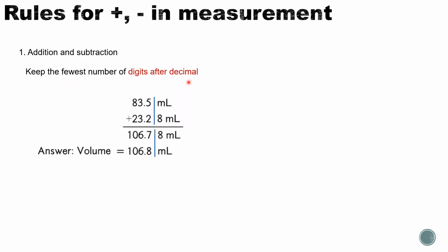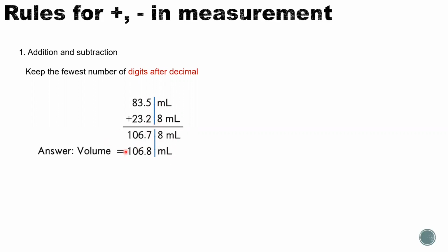Here is an example. 33.5 plus 23.28. You add them up, and the result without rounding is 106.78. The first number has one digit after the decimal, the second number has two digits after the decimal.